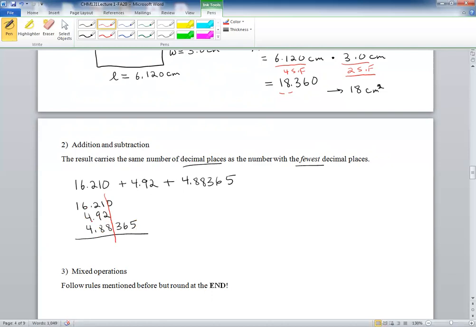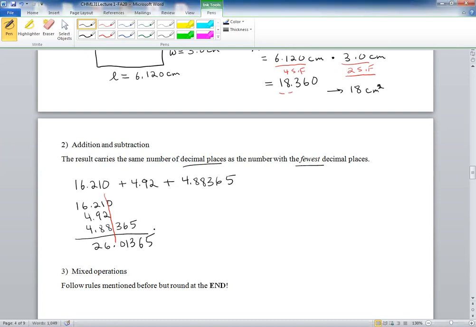I still add them up completely, the whole number, but my number should not have more decimal places than the second number. So if I add them up, 16.210 plus 4.92 plus 4.88365, the answer would be 26.01365.